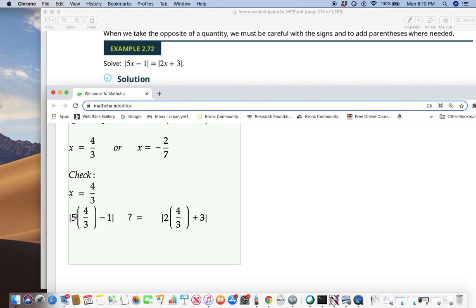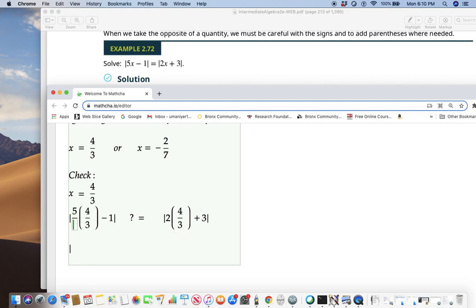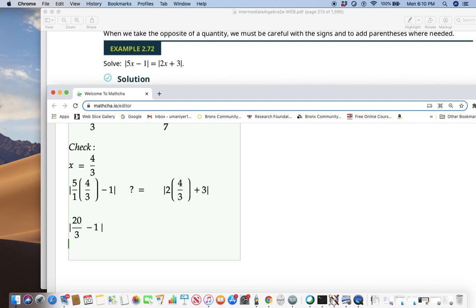5 times 4/3 absolute value. 5 is nothing but 5 over 1. So 5 over 1 times 4 over 3. So that's 20 over 3 minus 1. That's the left hand side. That minus 1, I need the same denominator.